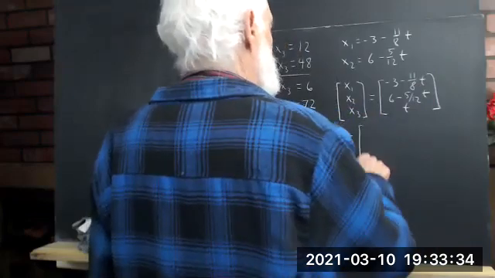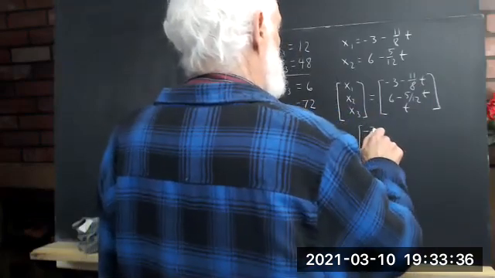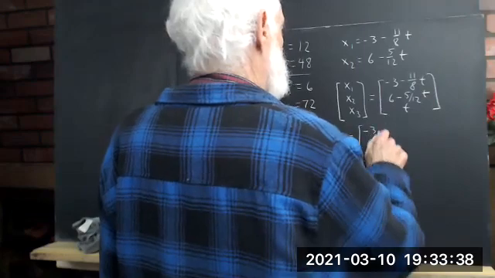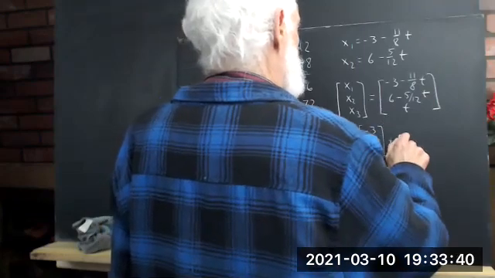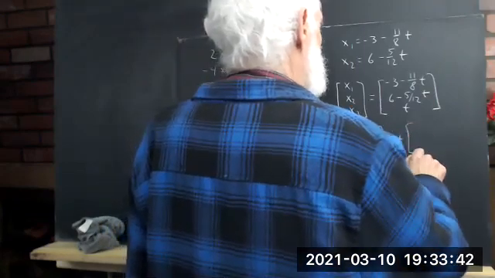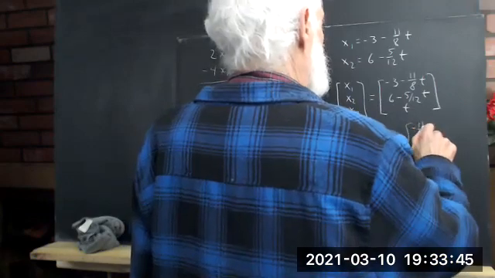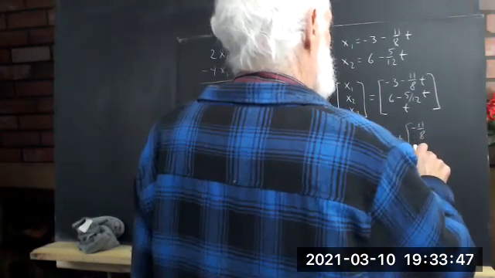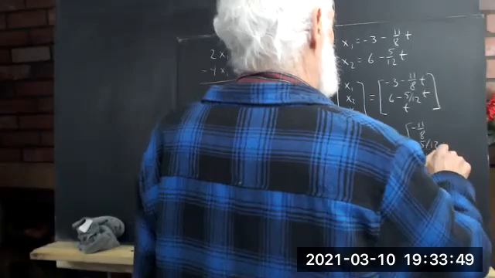And this equals the vector -3, 6, 0 plus t times the vector -11/8, -5/12, 1.